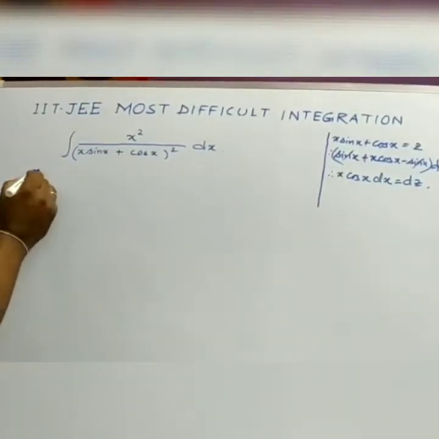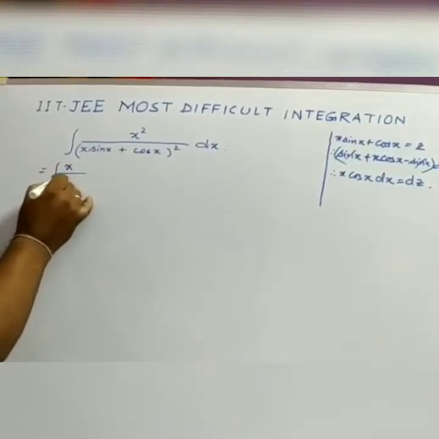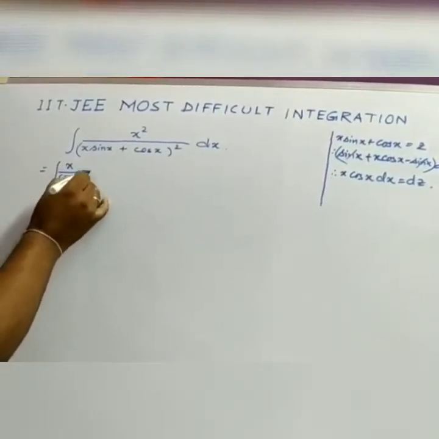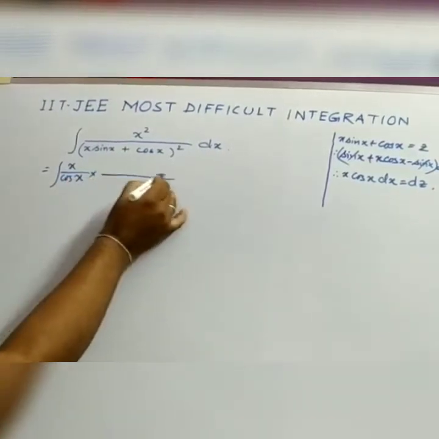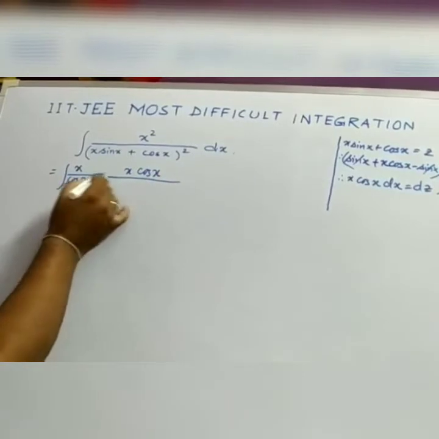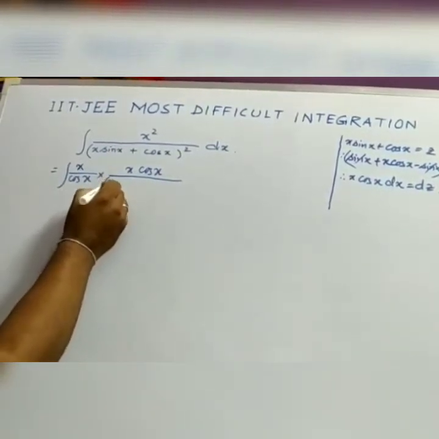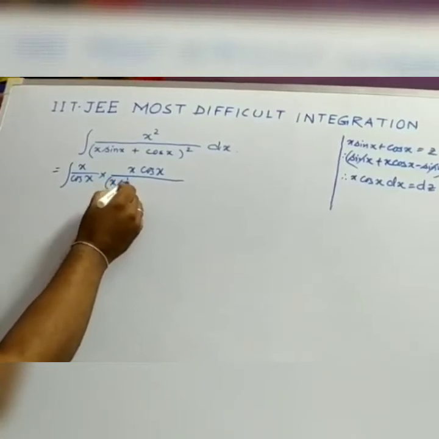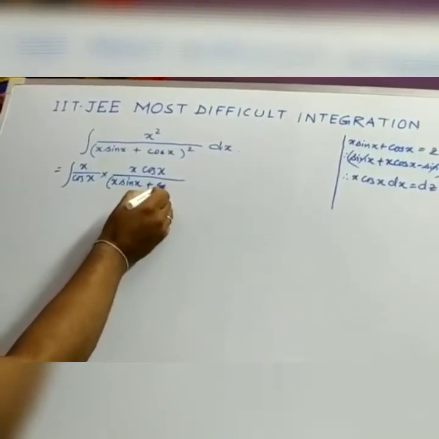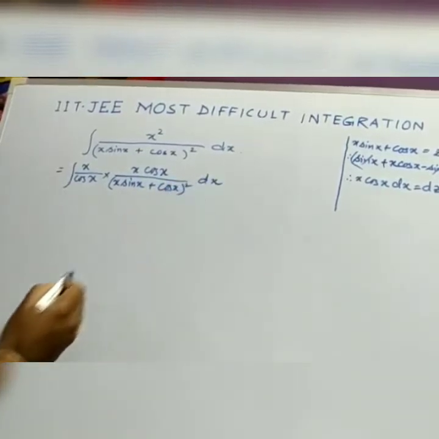So let's see. We are doing integration of x by cos x into x cos x. We can write it because cos x can cancel and then it will become x square, and whatever the denominator is, (x sin x plus cos x) whole square dx.